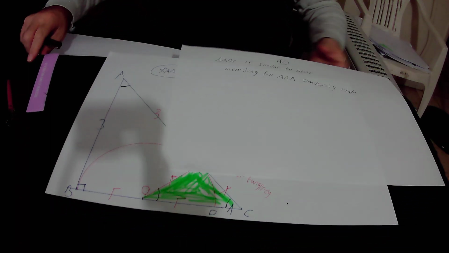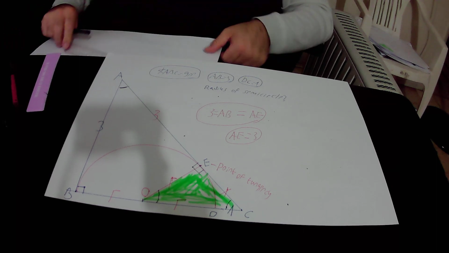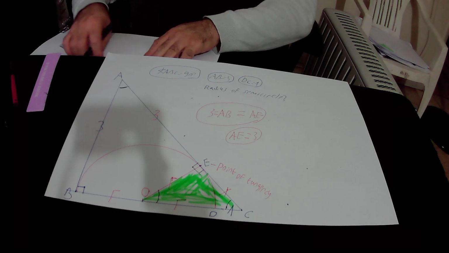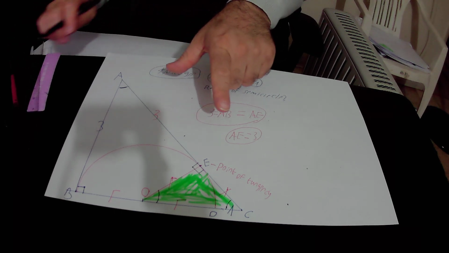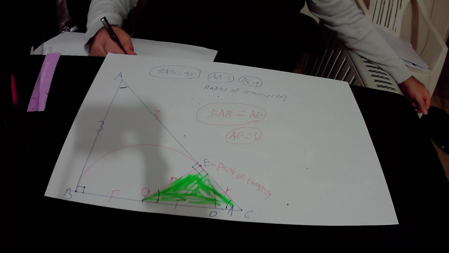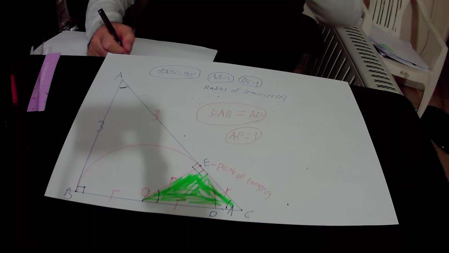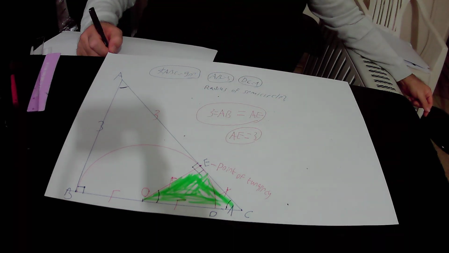So from the fact that triangle ABC is similar to triangle OEC, the green triangle, we conclude that AB over AC in triangle ABC equals OE over OC in triangle OEC.